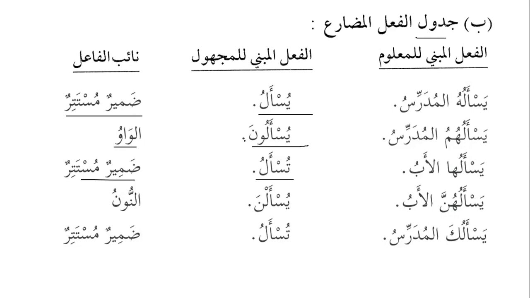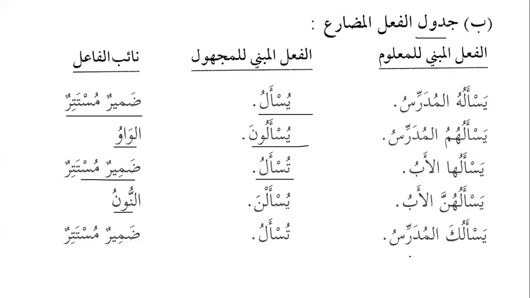So in the past tense, the hidden pronoun comes only in two cases, the first and the fourth. But in the mudari, it comes in six cases. As you can see here, huwa ad-damir al-mustatir, hiya ad-damir al-mustatir, and yas'aluhunna al-abu, and hunna yus'alna, they are asked, and here it is known.